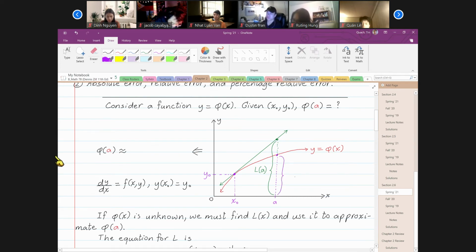So that is phi of a, which is actually the exact y value of the function y equals phi of x at a, okay?